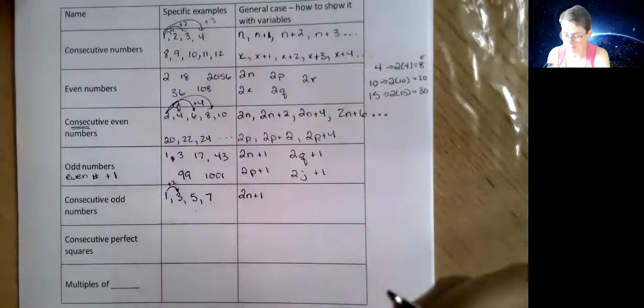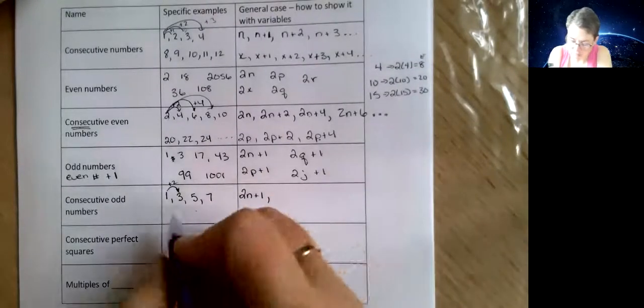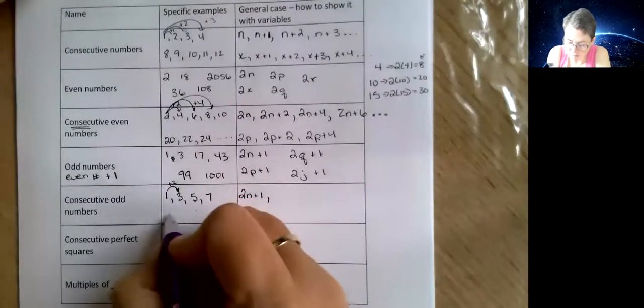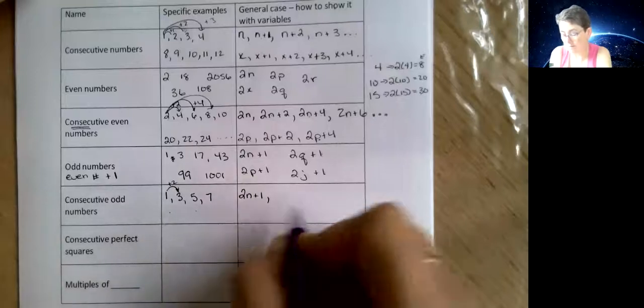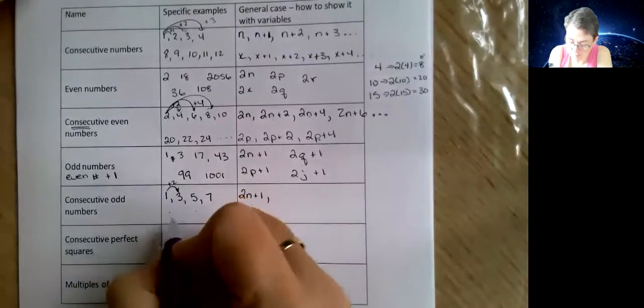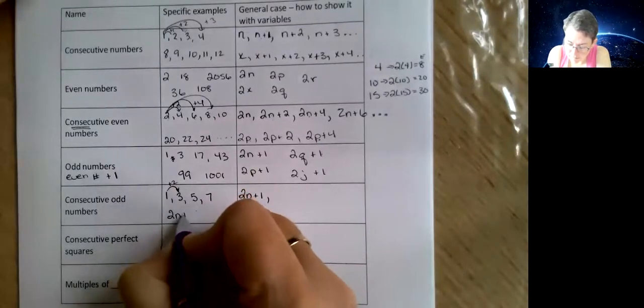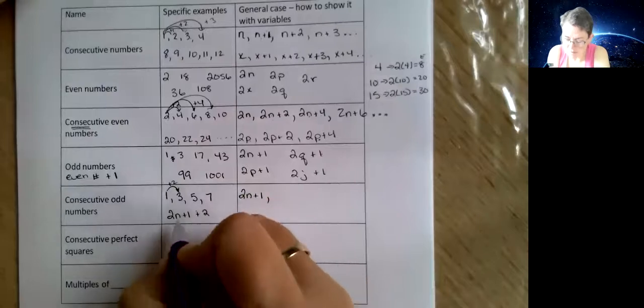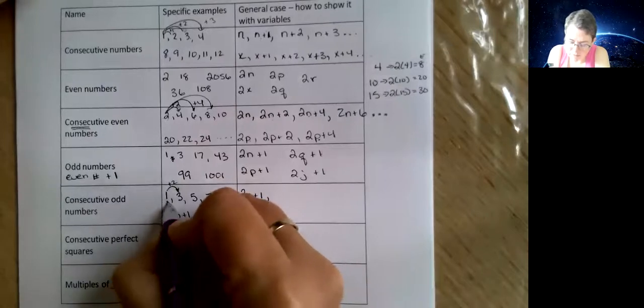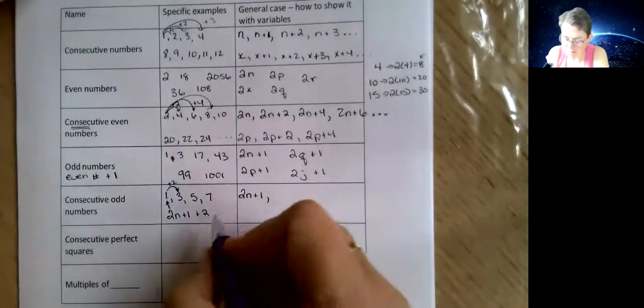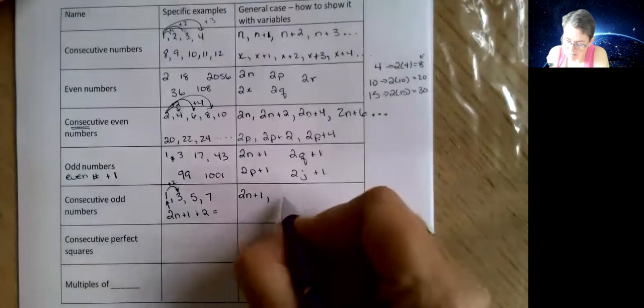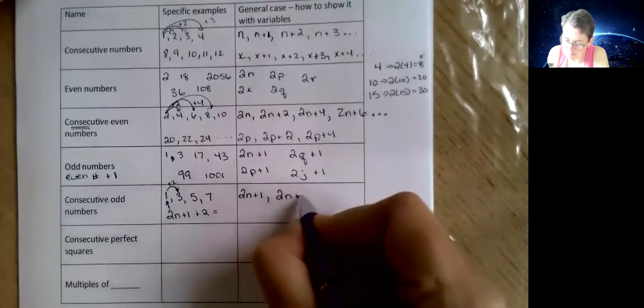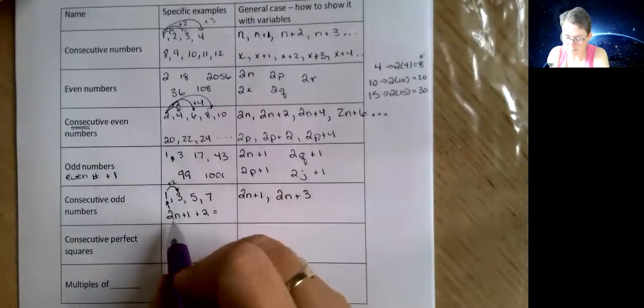But if I take my first one, I'm going to write it over here so our chart looks nicer. If I go 2n plus 1 plus 2 more. So that was this one. And I'm going to add 2. I'm going to get 2n plus 3.